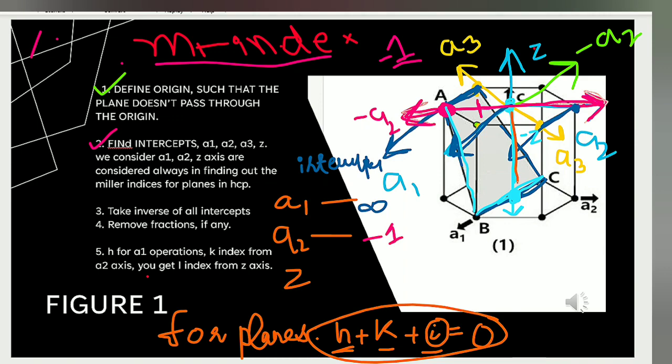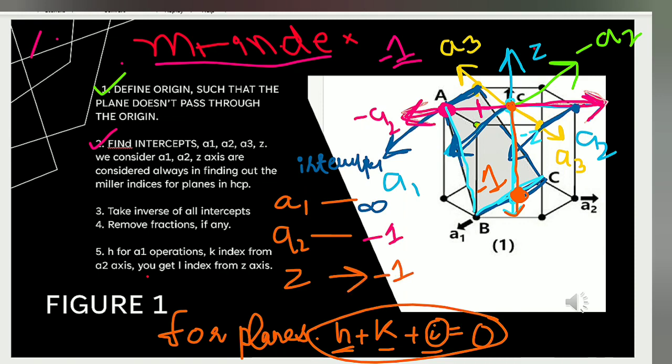This is the negative z direction, and you can see here that the z-axis is touching the plane at this point. This is something that we have discussed before also. So this is the origin, and this is another corner of the unit cell. So we will take 1 as the point where it is intersecting, and since it is the negative direction, you will take -1 as the z-intercept.